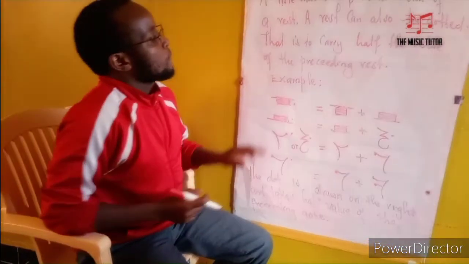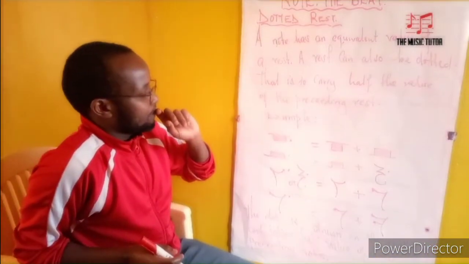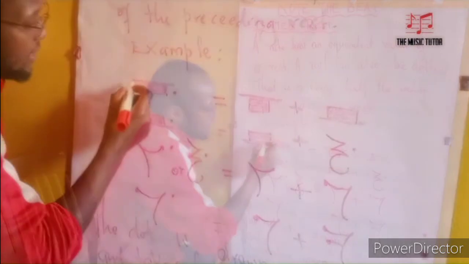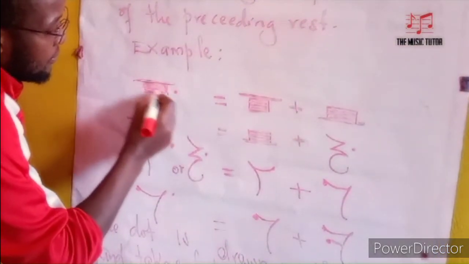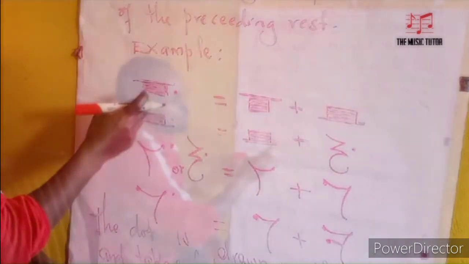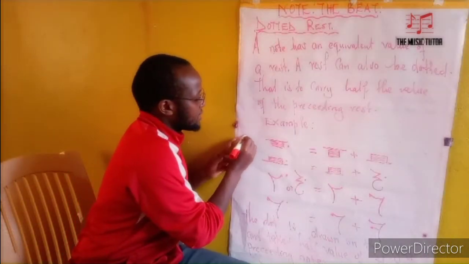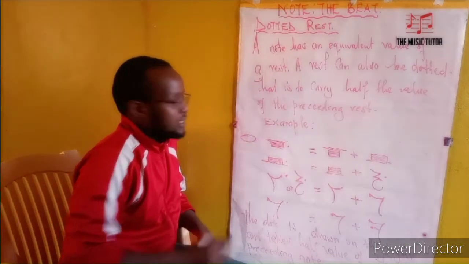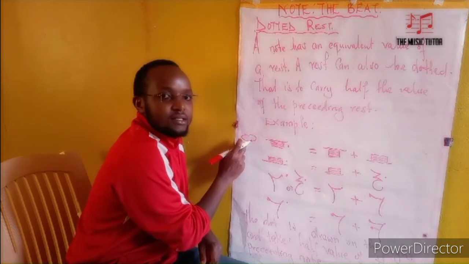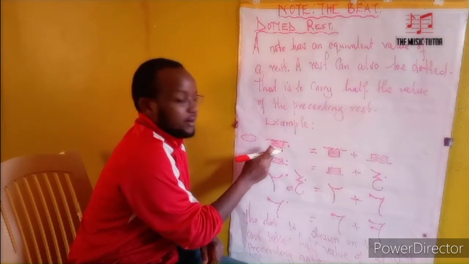So I will give you an example. This is a rest of a semibreve with a dot. A semibreve, we usually draw it like this. You know, it's similar to this note. It's drawn like this. And so this is the rest.